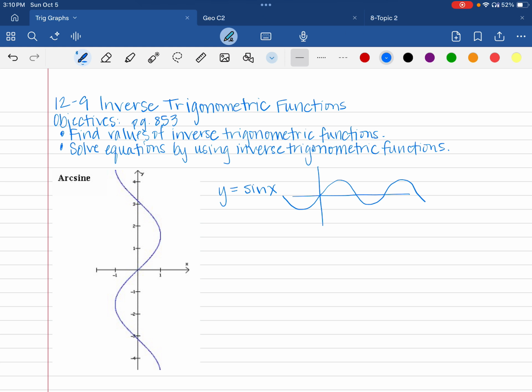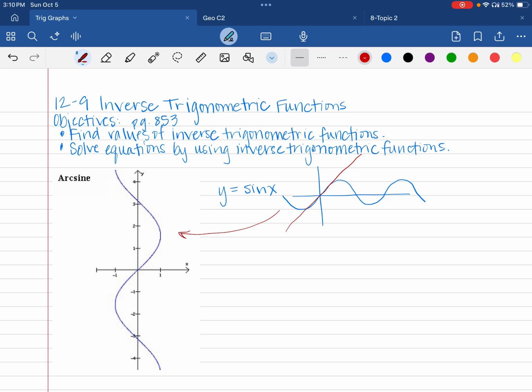So the inverse of any function is what happens when we reflect this function over the line y equals x. When we do that, if I take that function and flip it over this line, it's going to turn it into this.